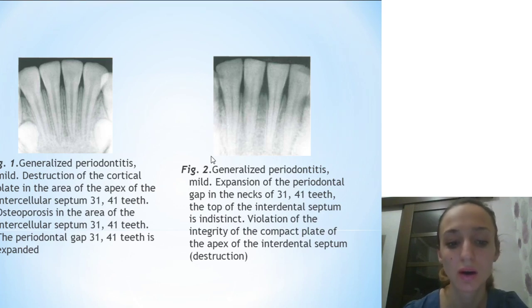For generalized periodontitis, the following clinical signs are typical: symptomatic gingivitis, the presence of periodontal pockets, then pathological tooth mobility, and secondary traumatic occlusion.